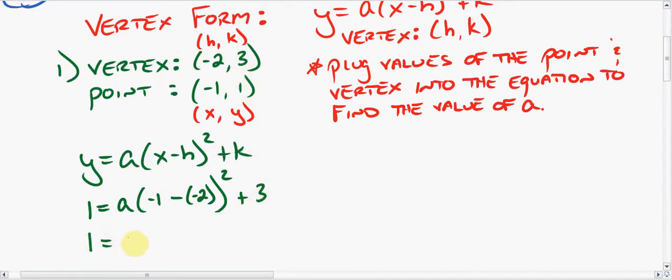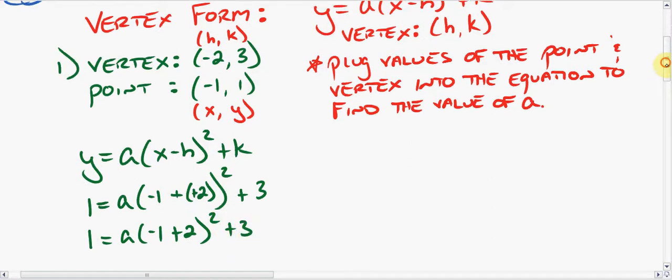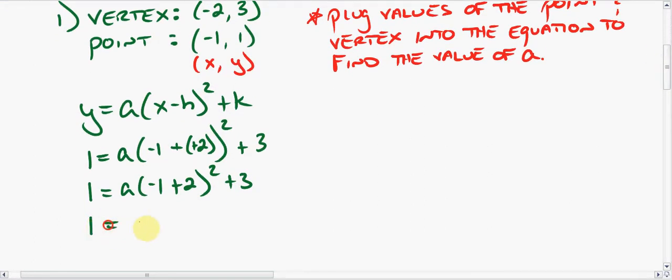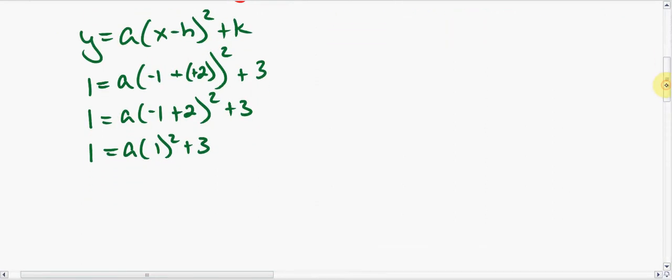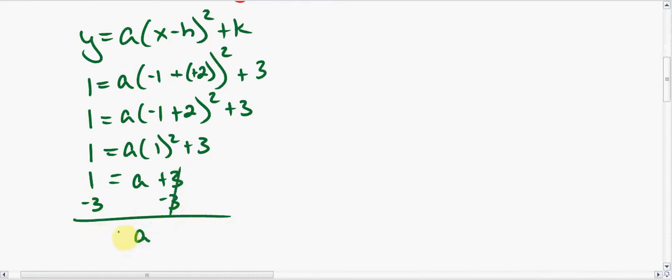So I have 1 equals a times negative 1 minus a negative, which is plus a positive, so plus 2 squared, plus 3. So 1 equals a times negative 1 plus 2, which is 1 squared, plus 3. 1 squared is 1, and 1 times a gives us a plus 3. That's equal to 1. To solve for a, I simply subtract 3 from each side, so a equals negative 2.